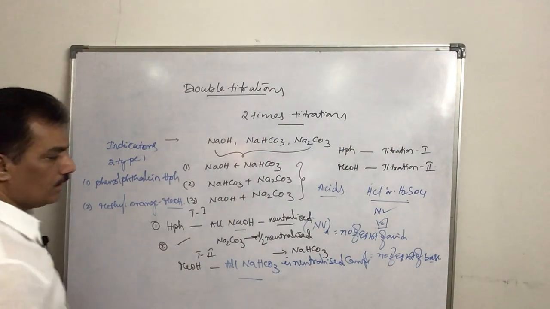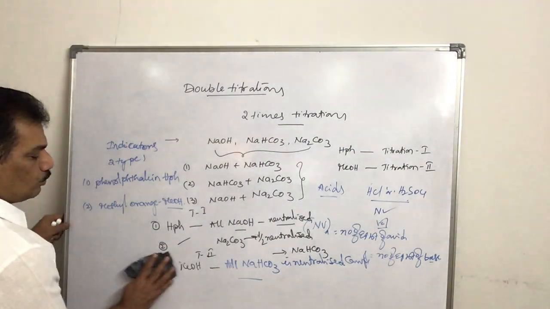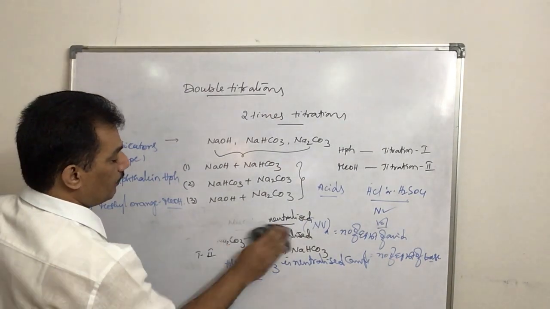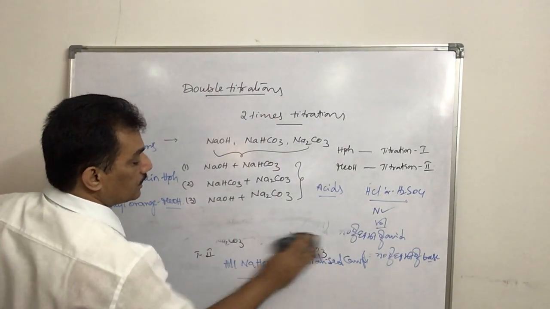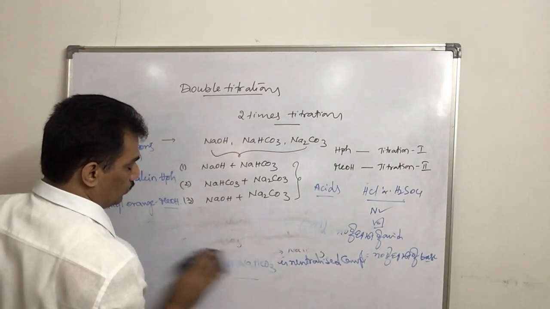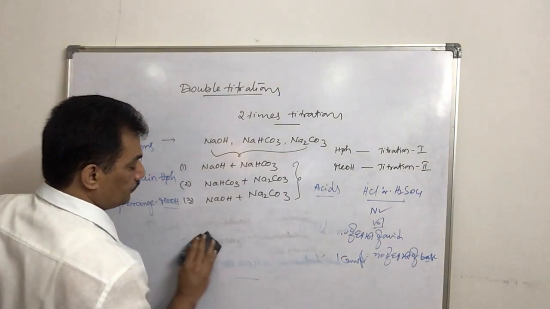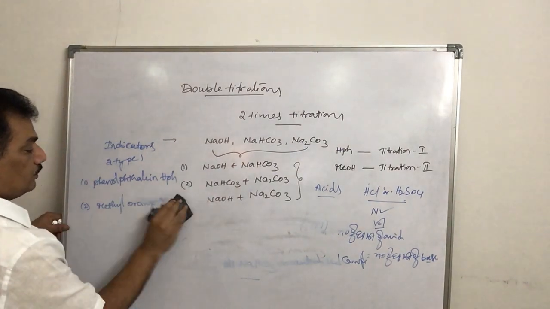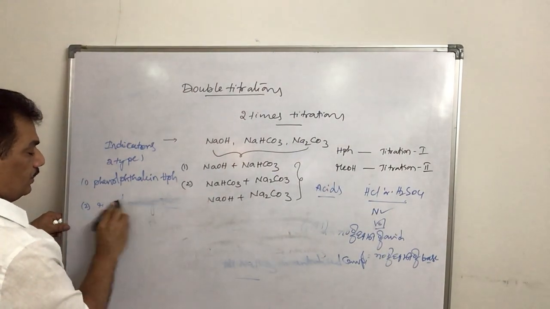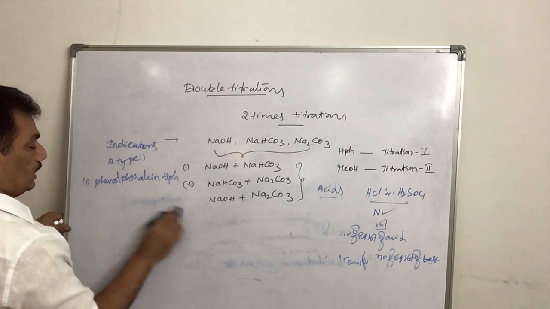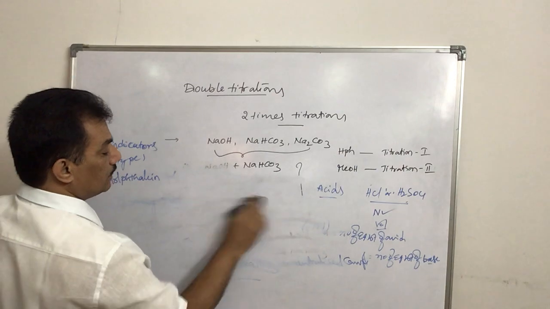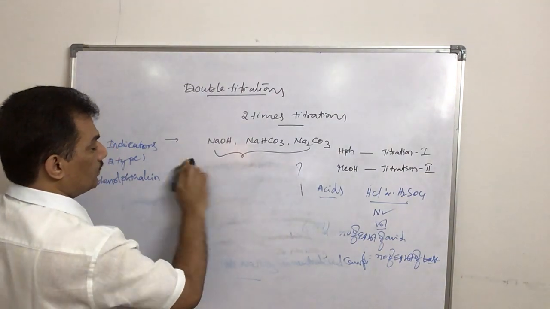And now let us take these 3 cases, how to measure these components. The possible 2-component solutions in the mixture are NaHCO3 and NaOH, then NaHCO3 and Na2CO3, and NaOH and Na2CO3.